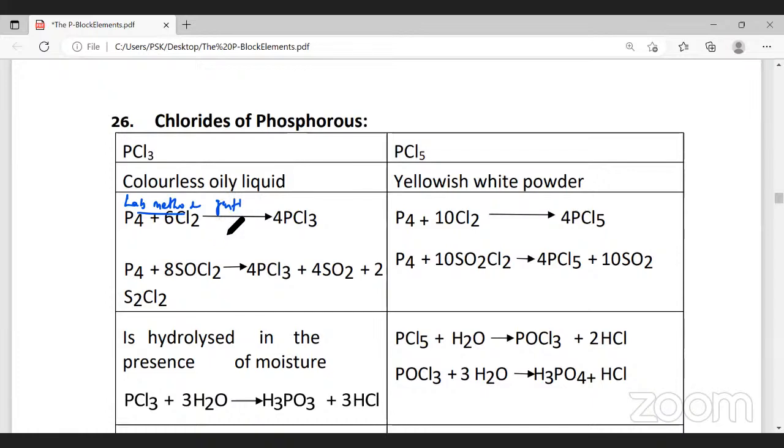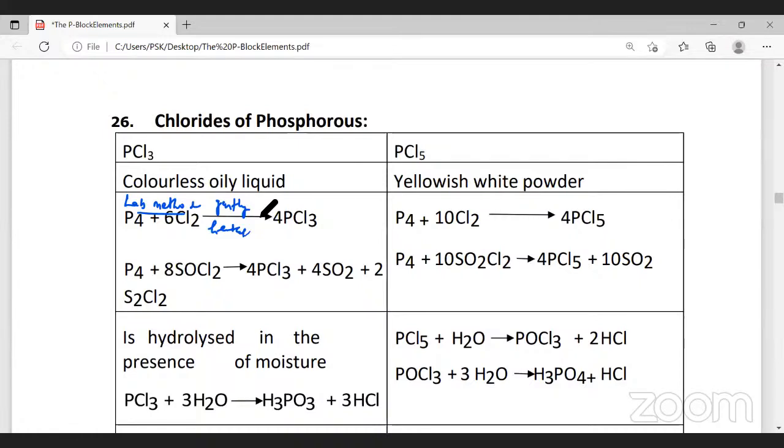When white phosphorus is heated with chlorine, we get vapor. I need to get an oil, so we should condense it. We apply pressure or cool it so that it condenses to form a liquid.